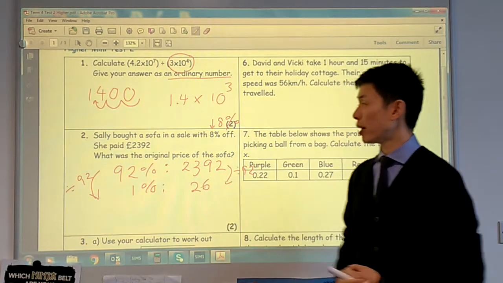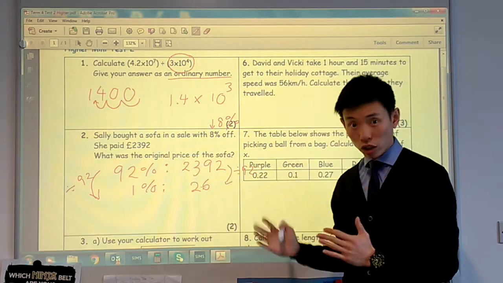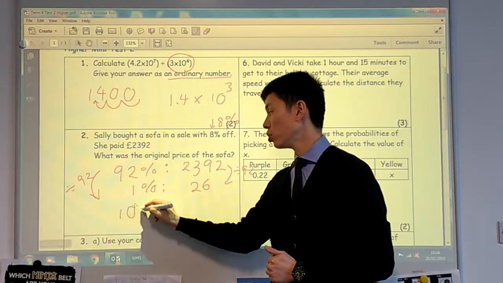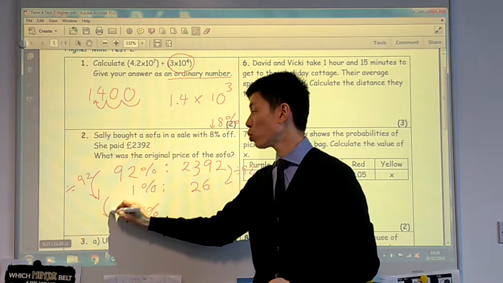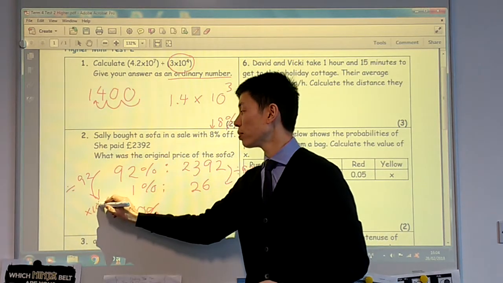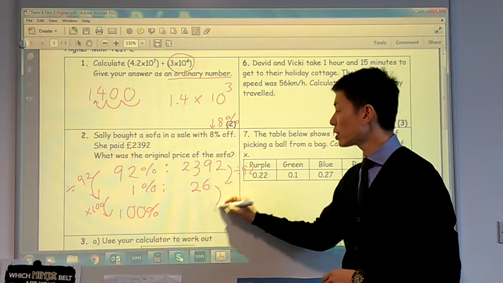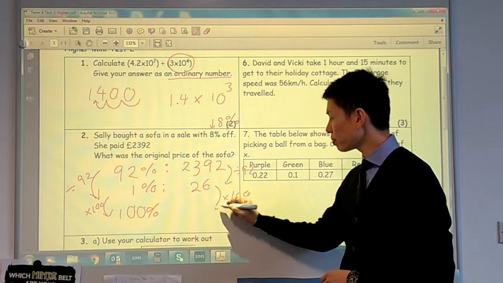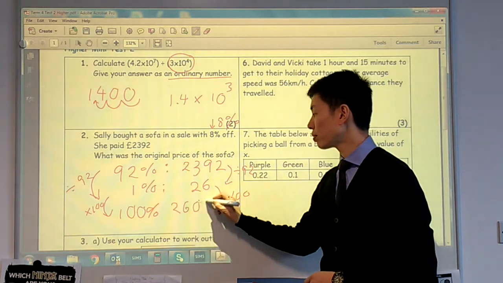So 26 pounds. But we want to find the original price, and the original price is 100%. So to get 100%, you will times 1 by 100, scaling it up by 100. So you must scale that by 100 as well. And that gives you 2,600.